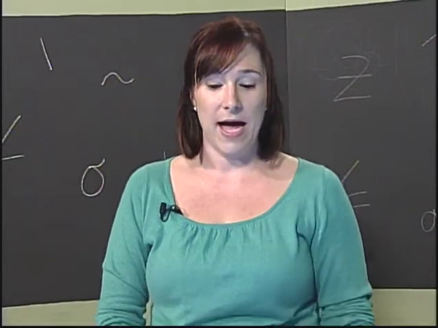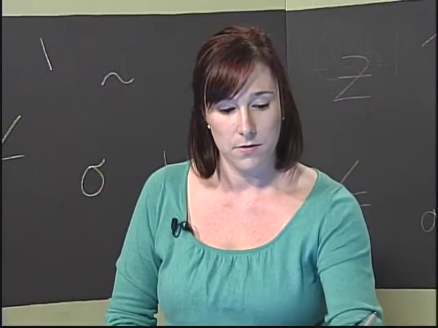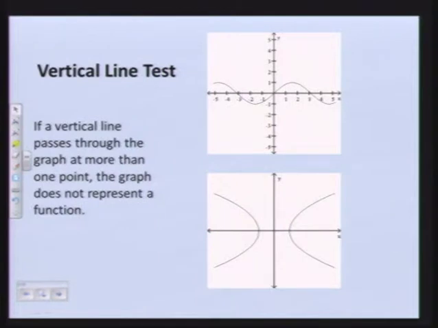Next up, we have graphs. When we're given the graph of an equation, and we want to determine whether or not it is a function, we have something called the vertical line test that allows us to determine whether or not the graph represents a function.